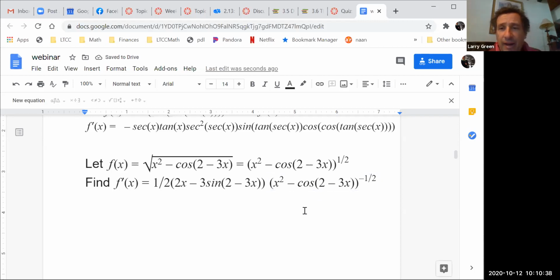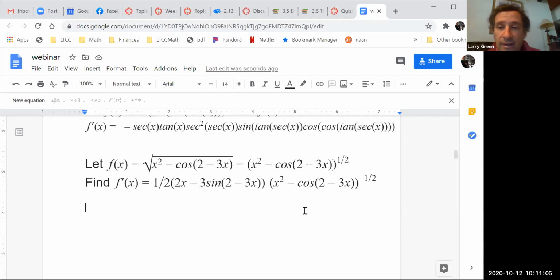Did I lose anyone there? Are you able to separate those two, the x squared and the negative cosine of 2 minus 3x? So I'm not exactly sure what you mean by separate. I definitely took the derivative separately, if that's what you meant. But what you can't do is say it's x squared to the 1/2 and then minus cosine of 2 minus 3x to the 1/2.